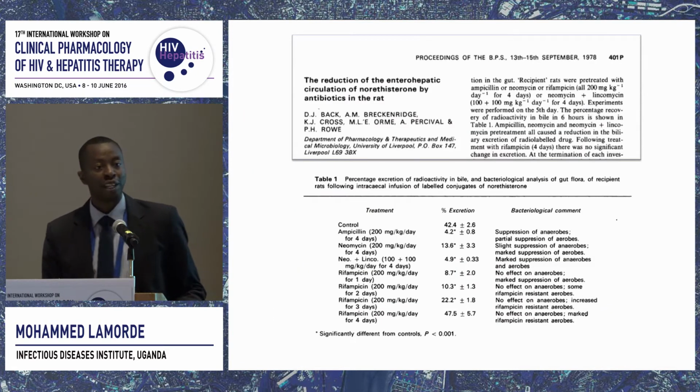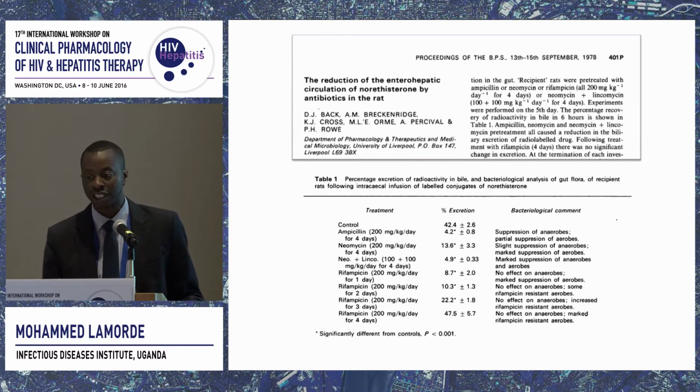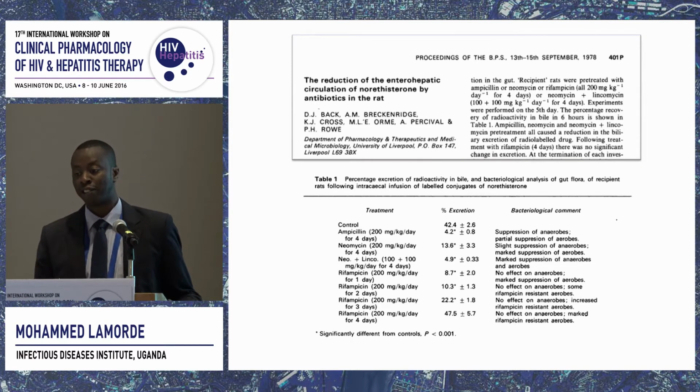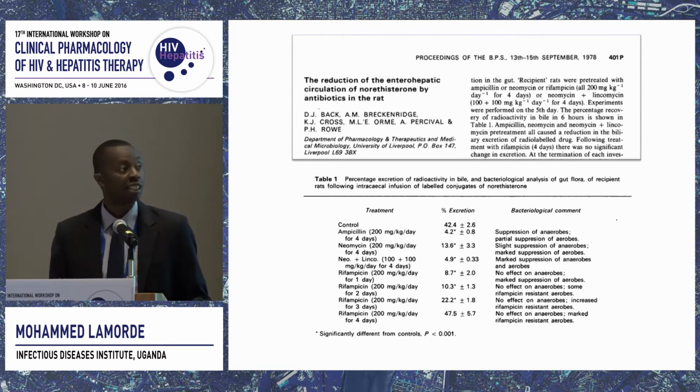I found this paper and I thought I wanted to share it because I think the thinking behind the paper is really interesting. Here, David was looking at enterohepatic circulation of norethisterone and looking at the impact of antibiotics on that. Normally, you'd think just about the pharmacokinetic interaction, and then you forget about what the mechanism could be.